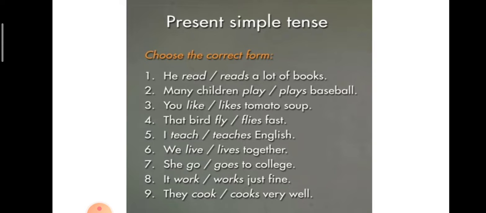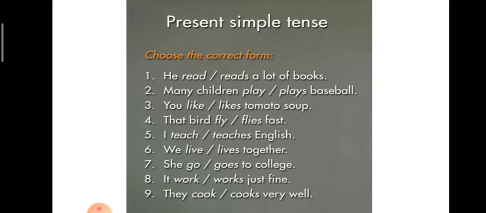Choose the correct answer. One: She reads a lot of books. You can work it out with me. Two: Many children play or plays baseball. Just write the answer. Three: You like or likes tomato soup.